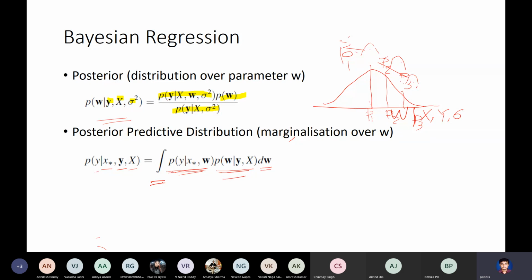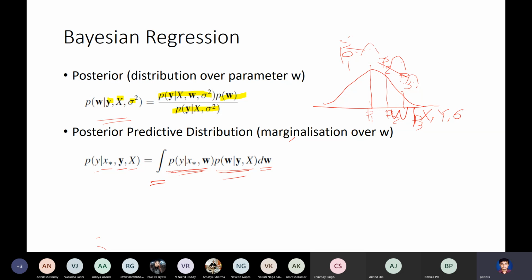So this is very important. Through this marginalization or expectation I get a distribution, I don't get one w. Imagine a regression line: I don't get one regression line, I get a family of regression lines, each of which has some probability of being correct. For the final prediction, I use all these regression lines, weight the prediction given by each line by its probability, and add them all up.